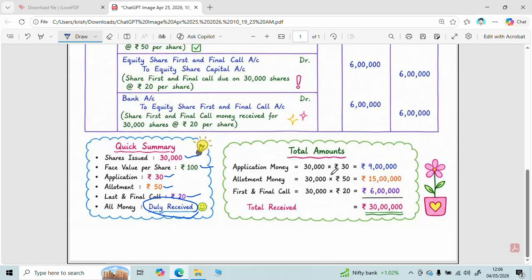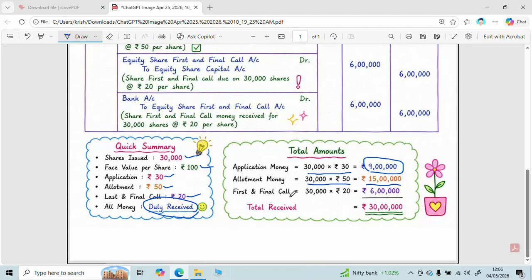So here are the total amounts. Total shares are 30,000 and the application money is 30 rupees, so total application money is 9 lakh rupees. Through the allotment, 30,000 equity shares at the rate of 50 rupees each, total 15 lakhs.